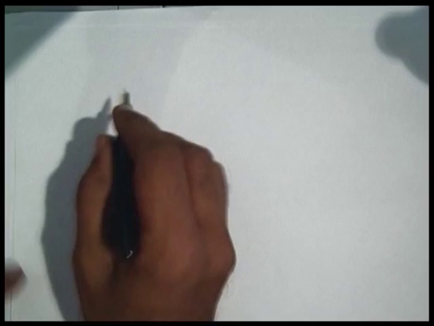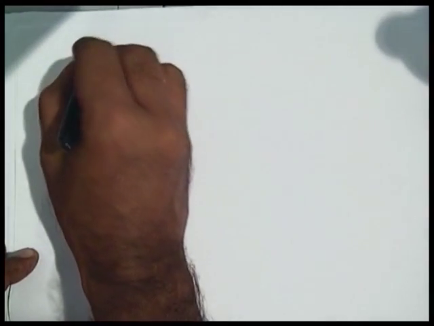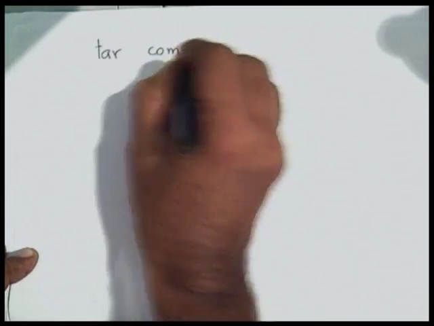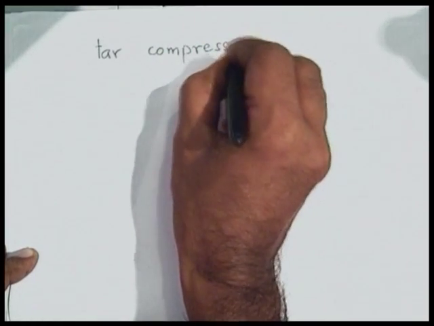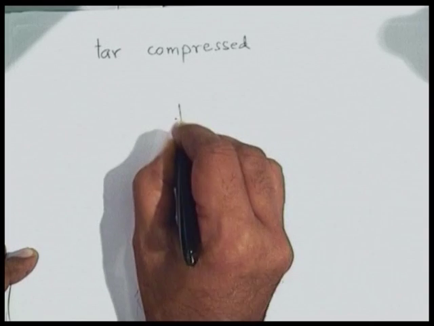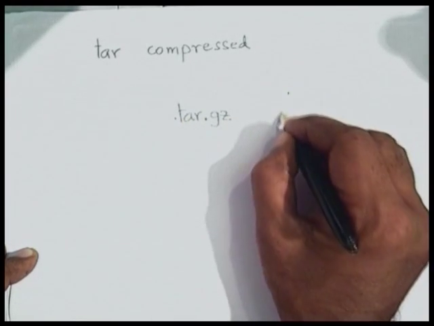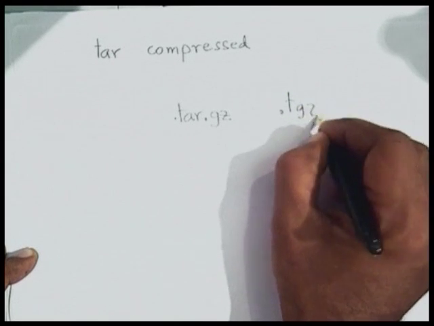Most source code is shipped in the form of tar files and these are often compressed. They often have the extension .tar.gz or .tgz. Tar is an old name and it actually comes from tape archive, when all the software used to come on tapes.